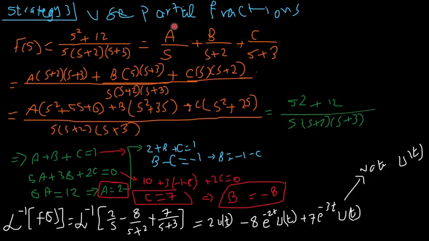We will multiply the a with the other two denominators, b with the other two denominators, and the c with the other two denominators. We will have this new numerator. We will expand every term to have it in this form: a multiplied by s squared plus 5s plus 6, plus b multiplied by s squared plus 3s, plus c multiplied by s squared plus 2s.